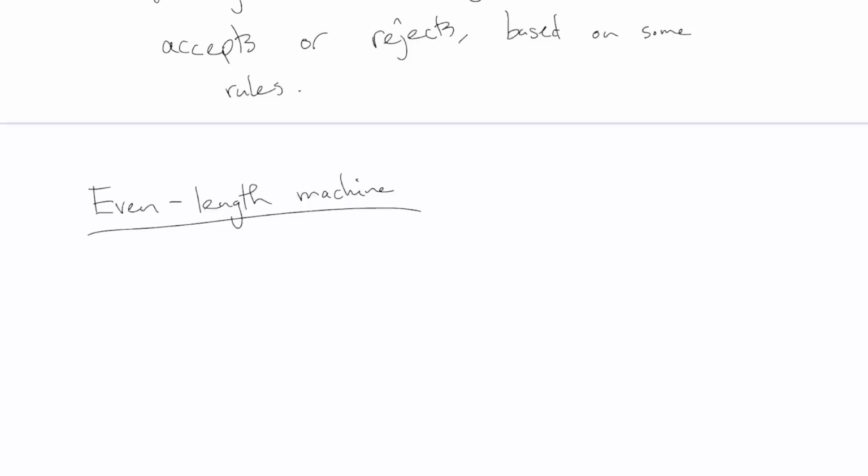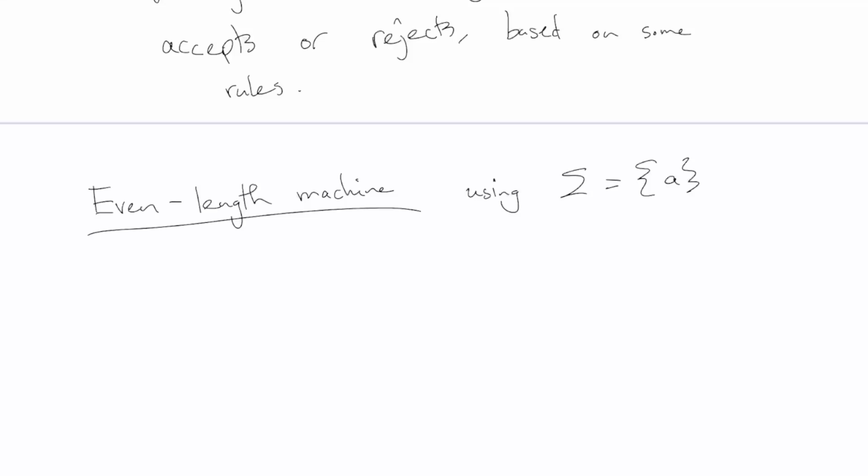This is going to be an even length machine, and again, I'm trying to make this as simple as possible, using just A as the alphabet. So the only strings you're allowed to give it are A or AA or AAA, just strings only using A. And it will accept if it has an even amount of A's, and it will reject if it has an odd number of A's.